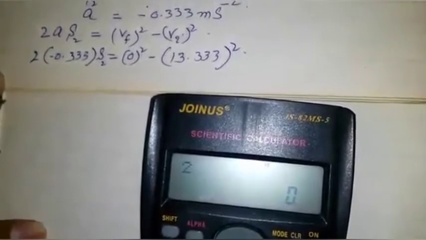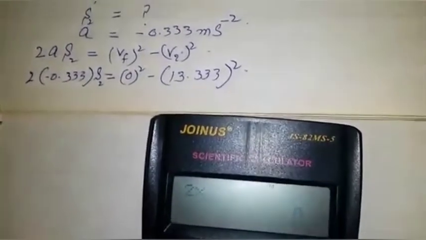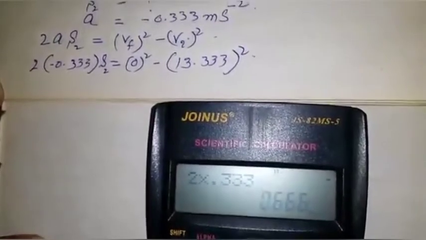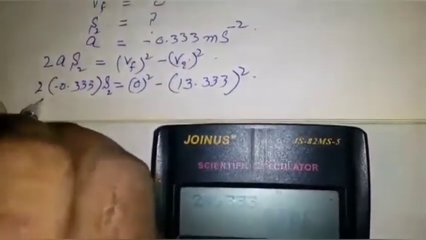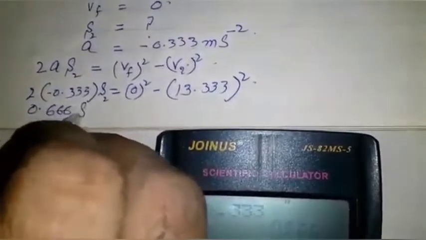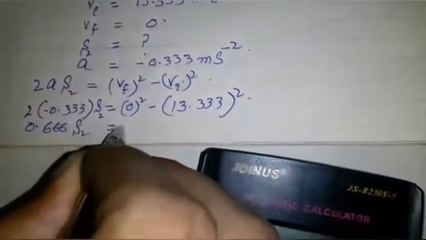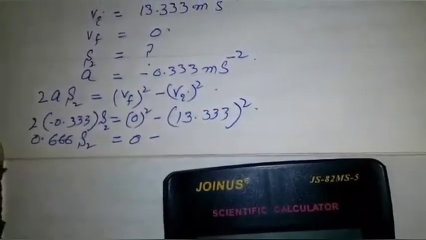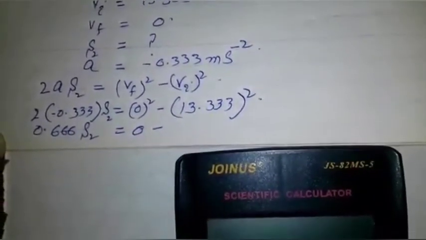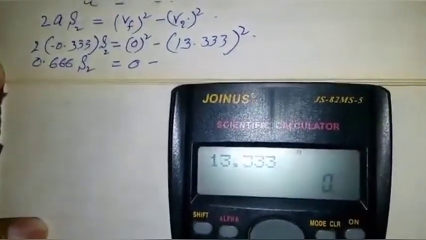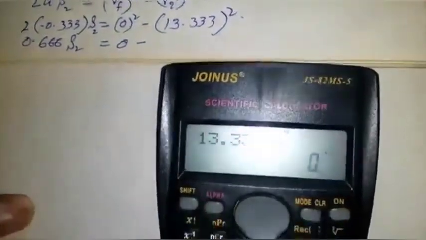Two into 0.333 is equal to 0.666 into S2 is equal to 0 minus 13.333 square.